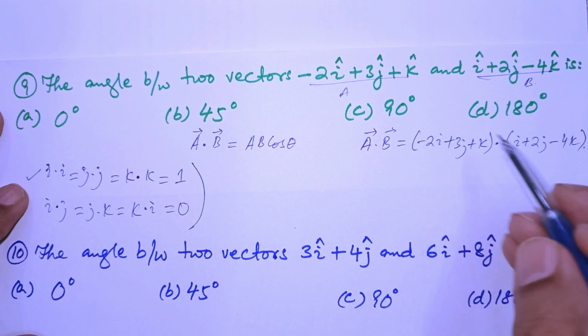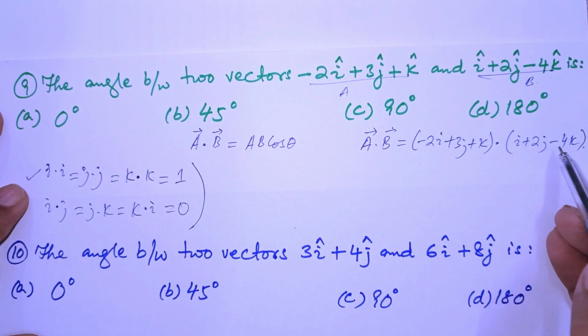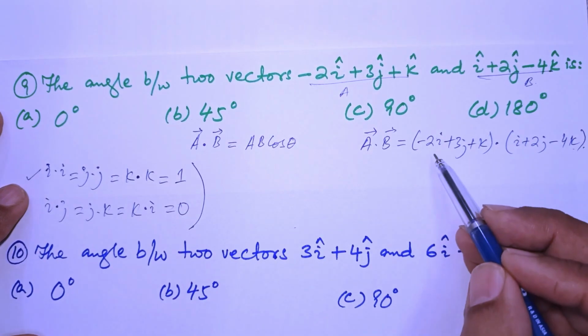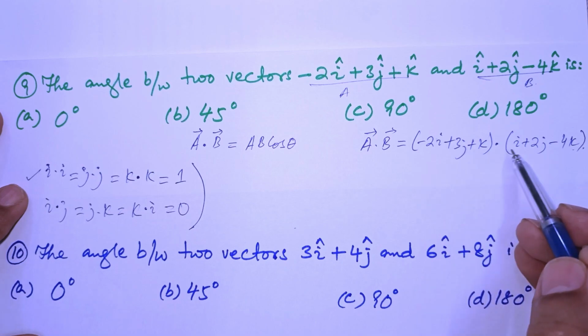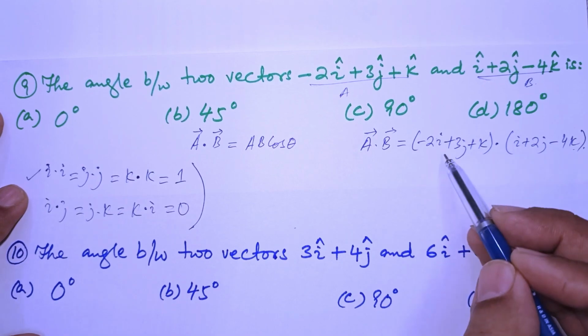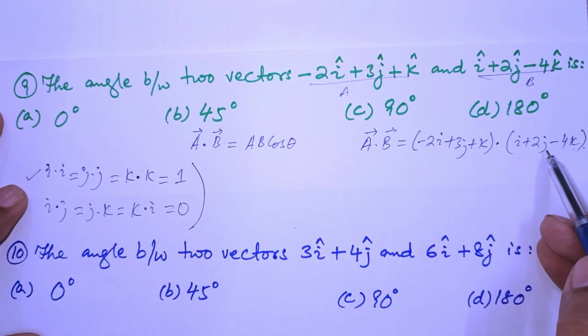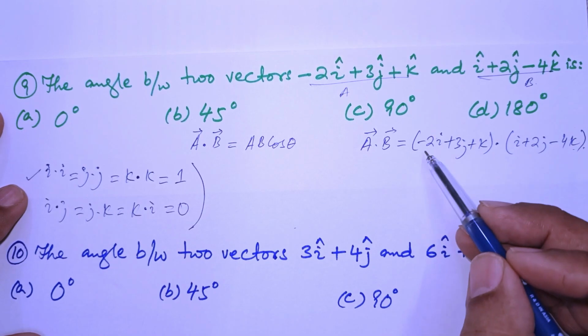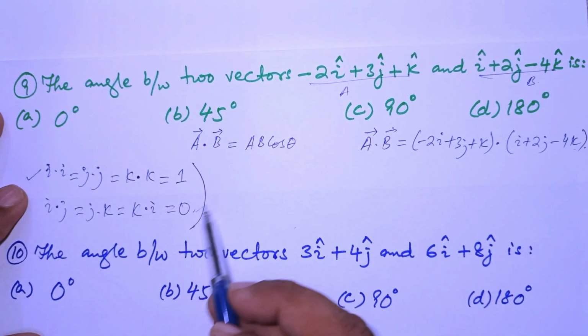So in this case, this minus 2i will be multiplied with this i, this 2j, and this minus 4k. But we only have to find the result when minus 2i multiplies with i, because in all other cases, when minus 2i is multiplied with 2j, the result will be 0. Minus 2i multiplied with minus 4k, the result will be 0 because of this property.